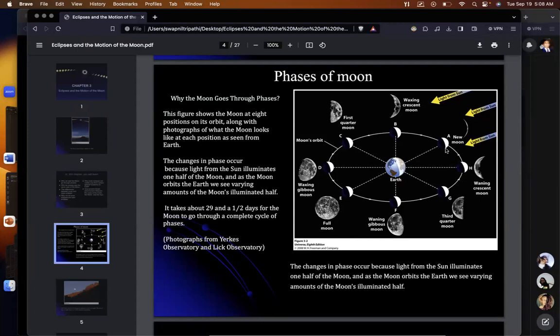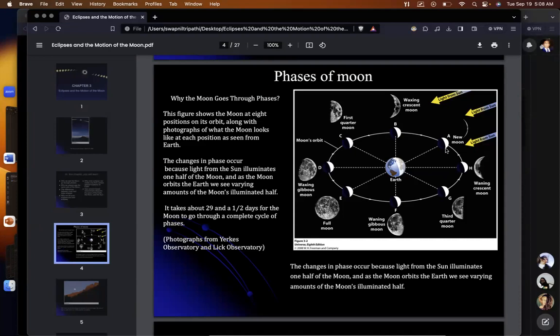Okay, so first, I want to tell you about the naming convention of the phases. The smallest one at the beginning of the cycle is called new moon. And by the way, this cycle is about 29.5 days.